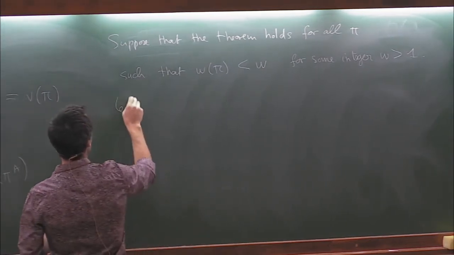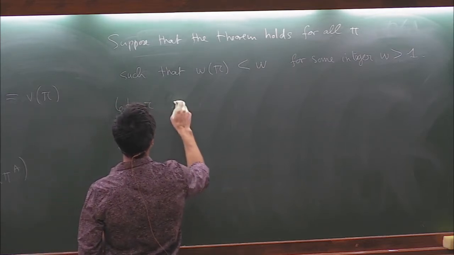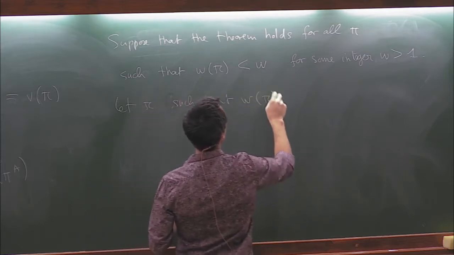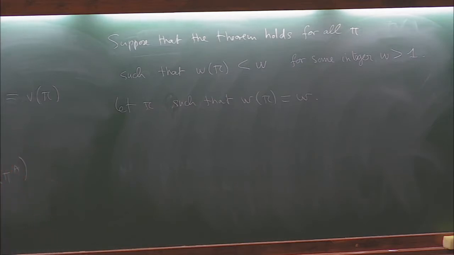And let pi be such that W of pi is equal to W, and we want to prove the theorem for such a pi.